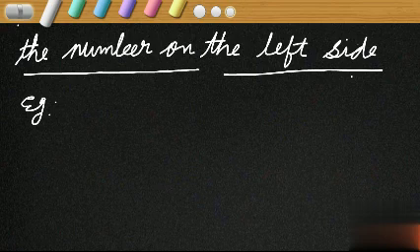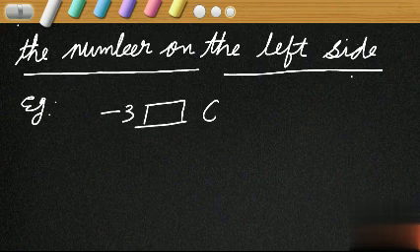Example: -3 dash 6. What about this? On the number line, among -3 and 6, which is on the right side?